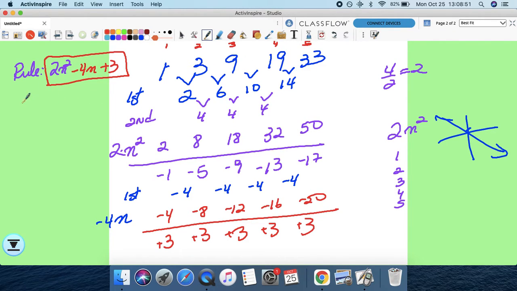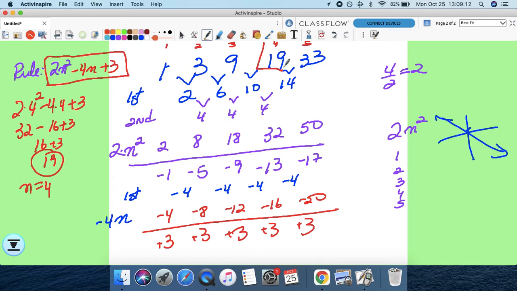I should get 19. So I get 2 times 4 squared minus 4 times 4 plus 3. 4 squared is 16 times 2 is 32, minus 16 plus 3. 32 minus 16 is 16 plus 3. Is that 19? Yeah. So when n equals 4, I get 19.